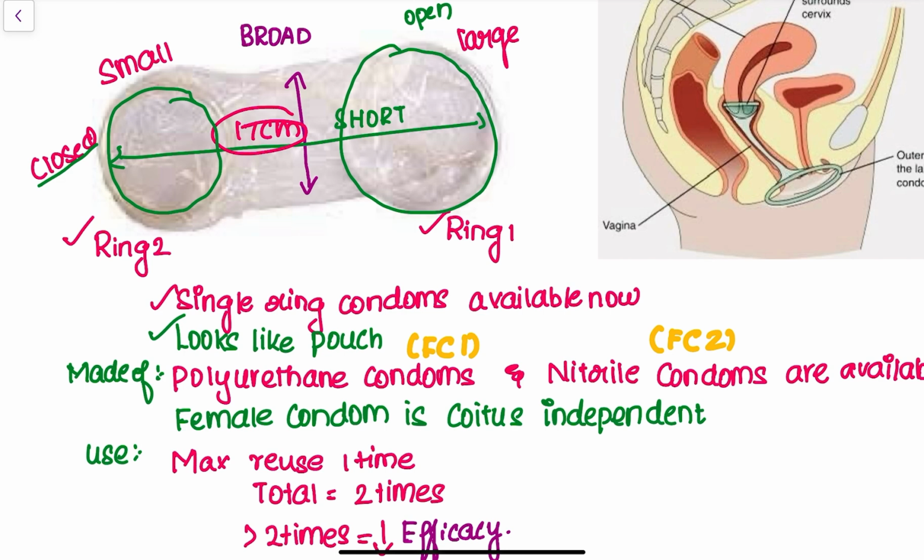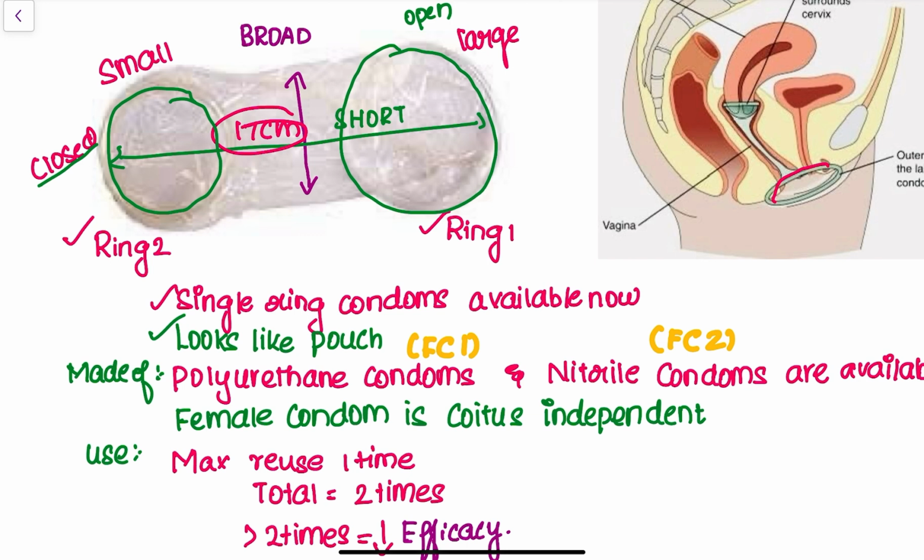Clear? And this female condom lies entirely inside the female genital tract. So it includes the external genitalia. Entirely, it lies in the vagina up to the apex of the vagina. So it includes the apex of the vagina, the entire vagina, and the external genitalia, as you can see here, right?